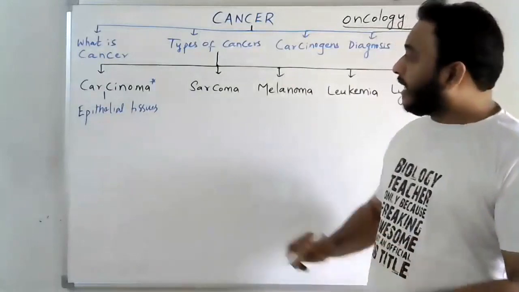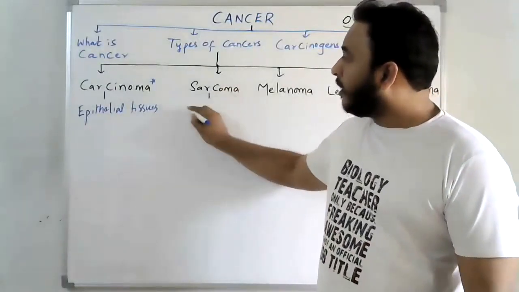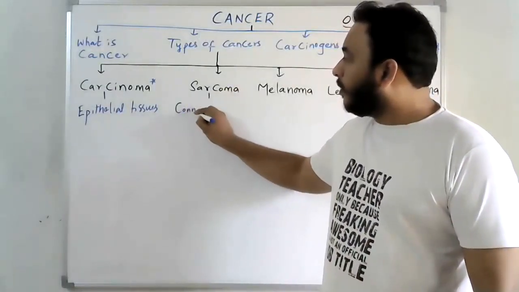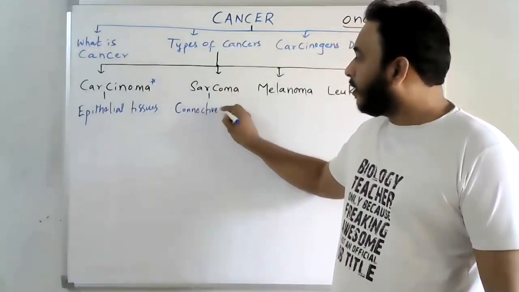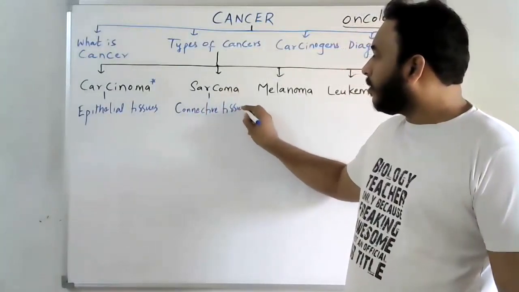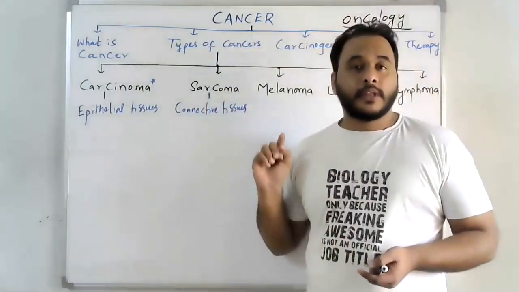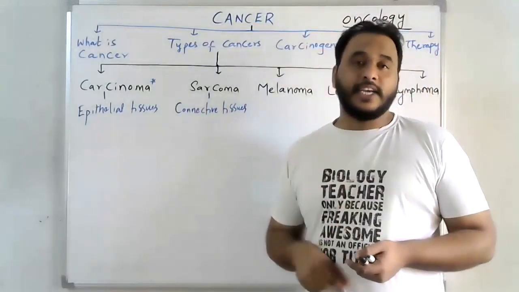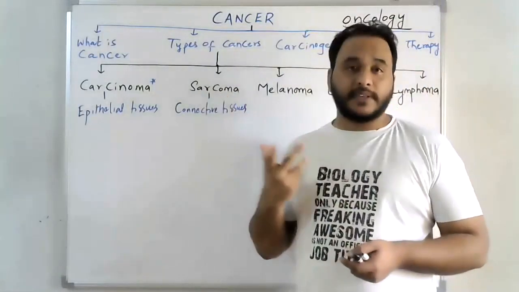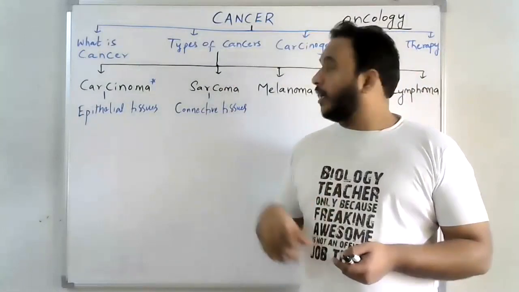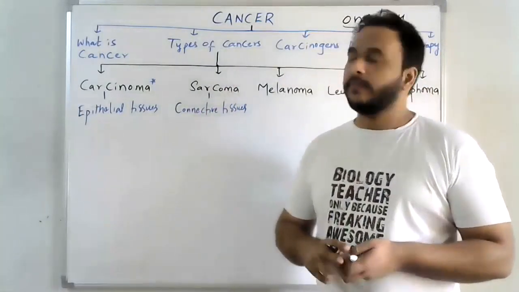The second type of cancer is sarcoma, a cancer of connective tissues. It includes bone, cartilage, and muscle.